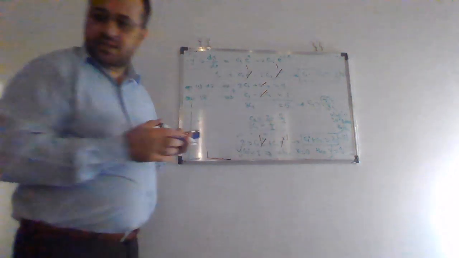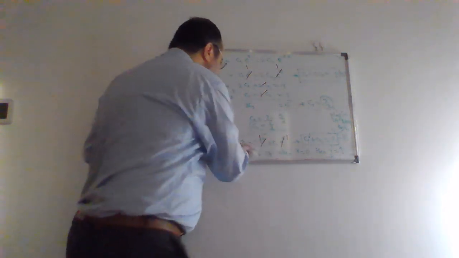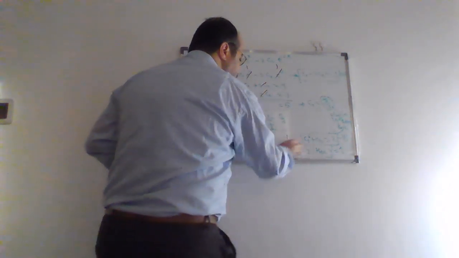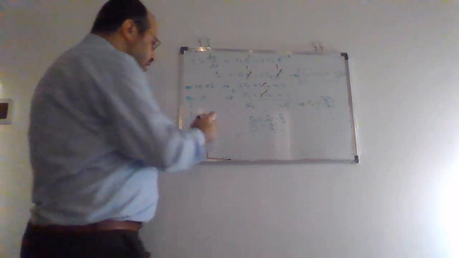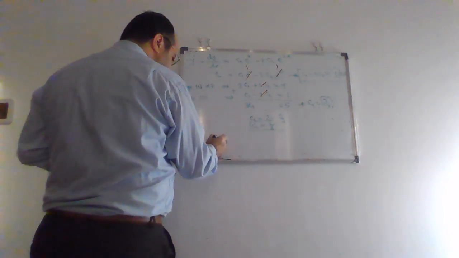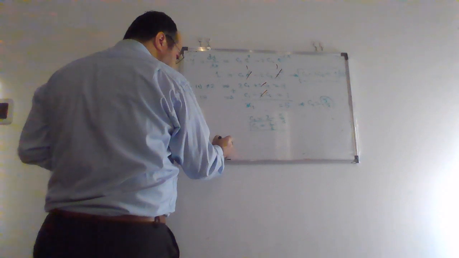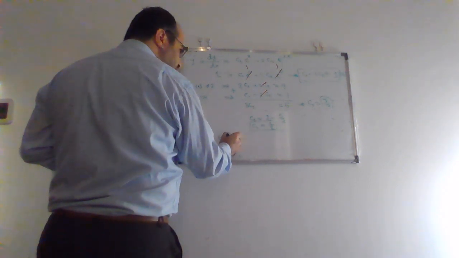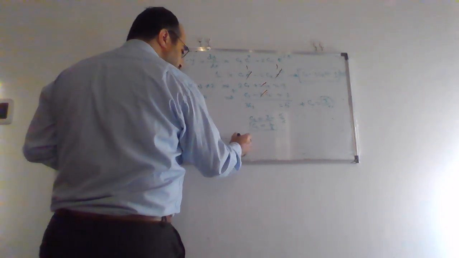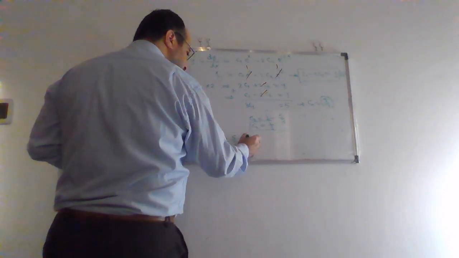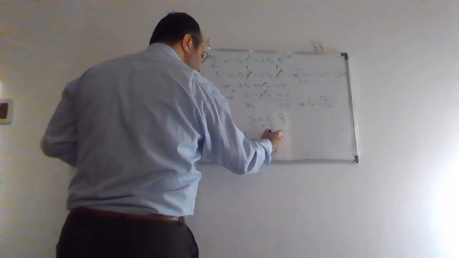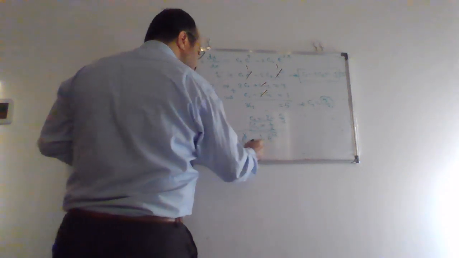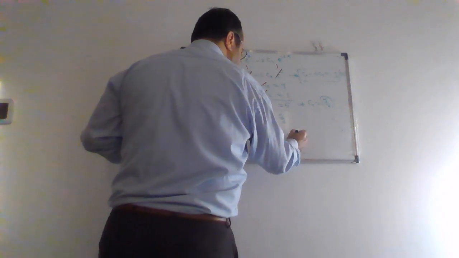Then we got C1 and C2. We are done, but I just want to show you the difference between the general solution and what I'm going to call the particular solution. So here what we got is y equals 5 over 3 e^x plus 1 over 3 e^(-2x). This is called the particular solution.